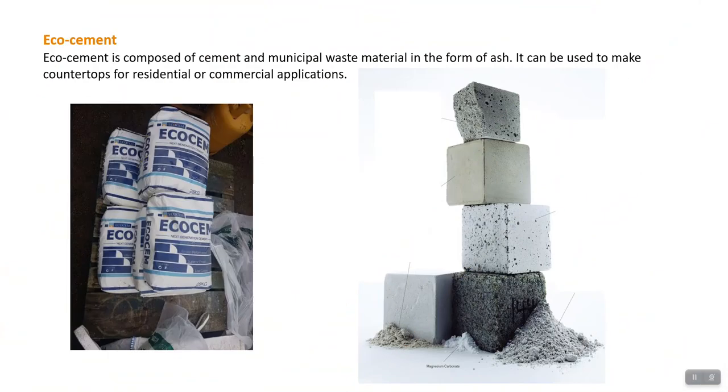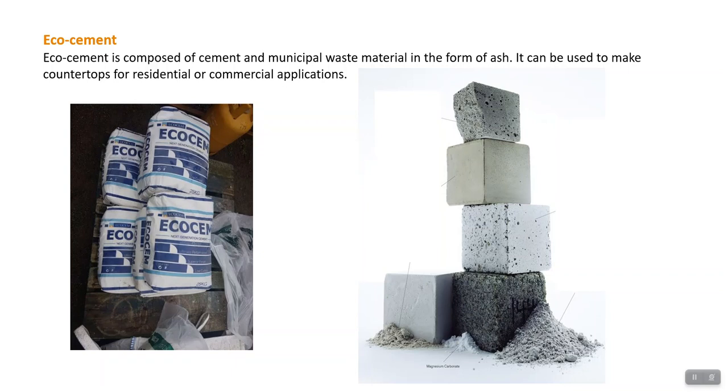Nowadays we talk about eco cement, which is becoming very common. Eco cement is composed of cement and municipal waste material, that is burnt material, coal for example, and ash.